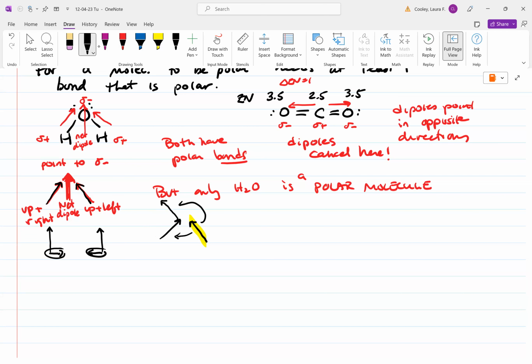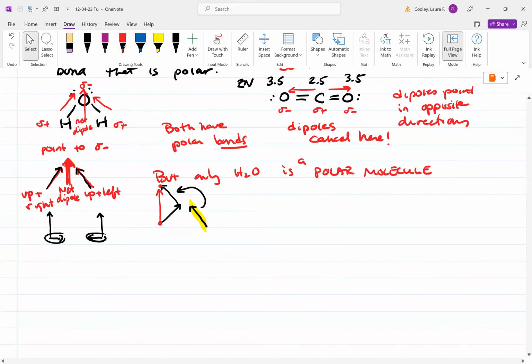I've just moved this arrow over here. For the net direction, you start at the beginning of the first one and go to the end of the second one, and you can see that it moves up. If you prefer that, that's fine. But that's a little hard to picture for tetrahedral, so I don't recommend it.